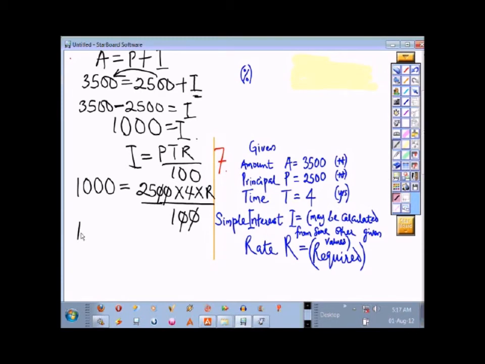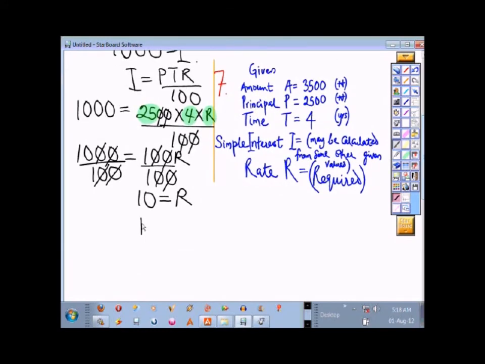And we have the next line giving us 1,000 is equal to this 25 multiplying this 4 and this R give us 100 R. That is 25 times 4 times R will give 100 R. And of course, dividing both sides here by 100 in order to isolate R gives us these zeros cancelling themselves out, and we have 10 is equal to R. Therefore, our final answer to this question is that R, the rate of the transaction, is 10%.